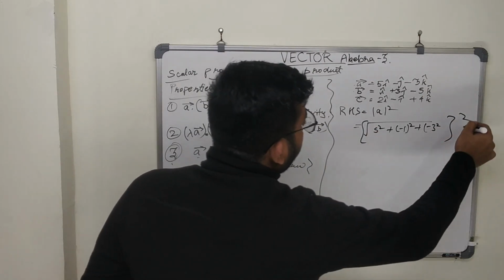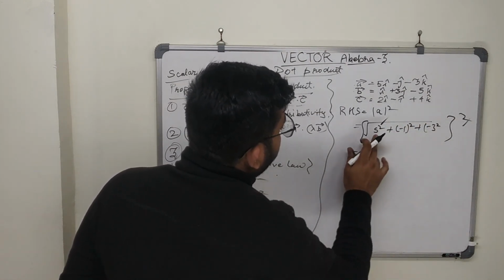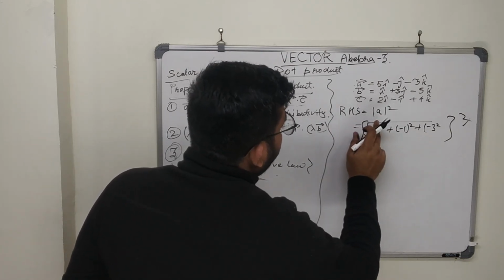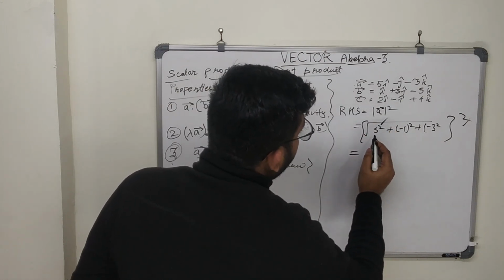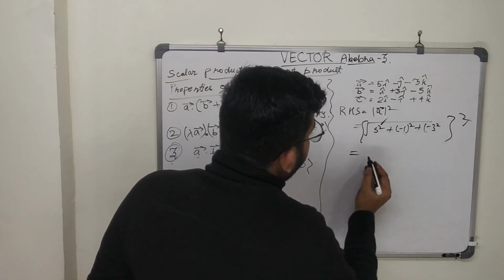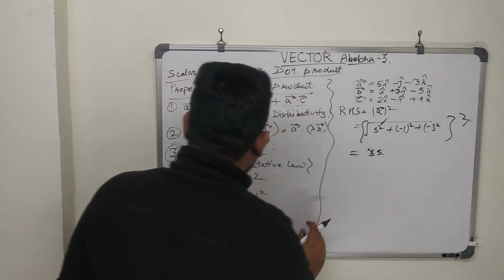So the square will be cancelled out by the under root. So the magnitude squared is equal to 25 plus 1 plus 9, that is 35.